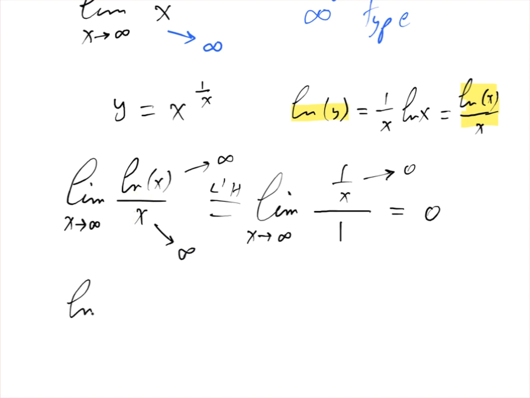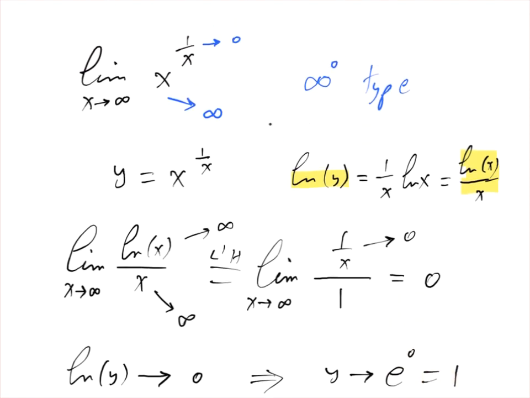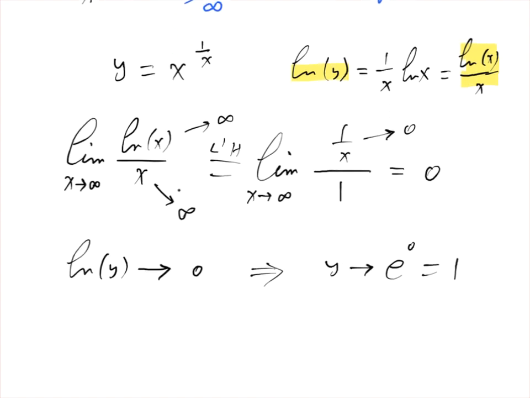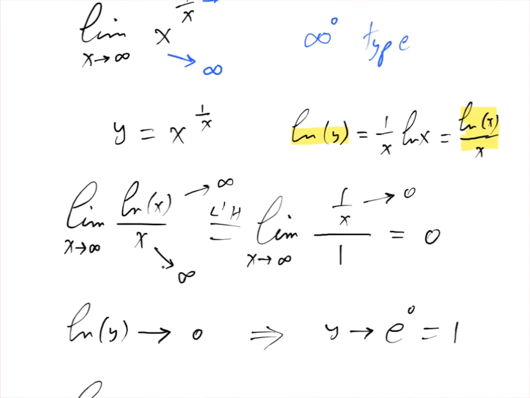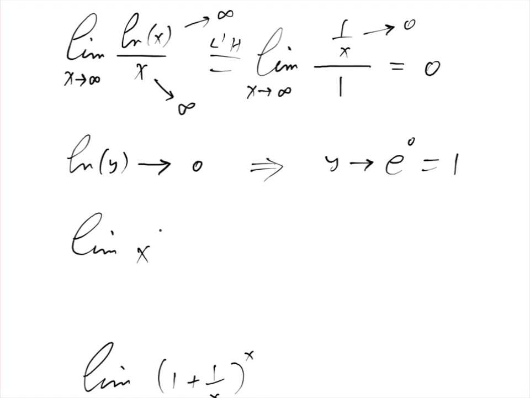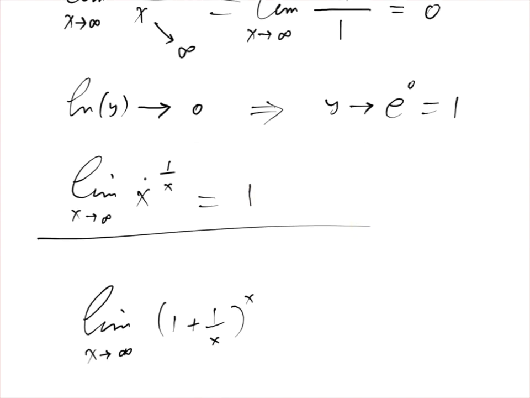So we can write ln of y tends to 0, so that implies y tends to e to the 0, which is 1. So the limit of x to the 1 over x as x goes to infinity is 1. So this is as x goes to infinity, and we just found that to equal 1.